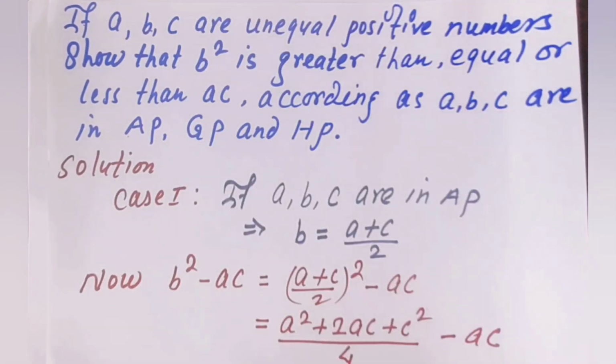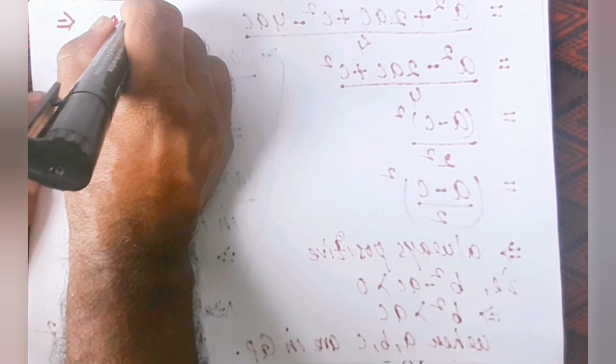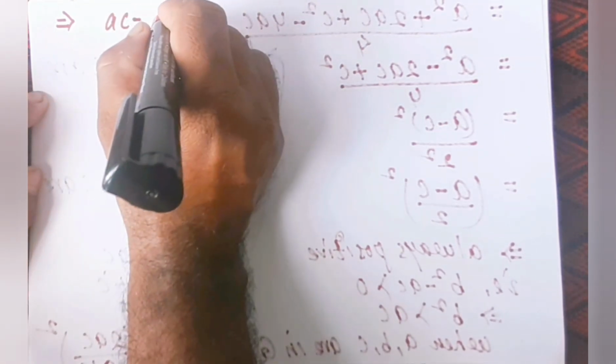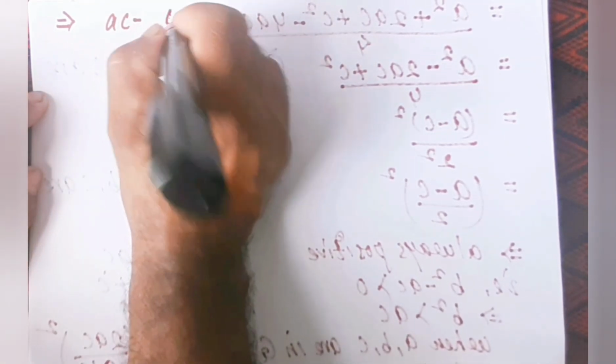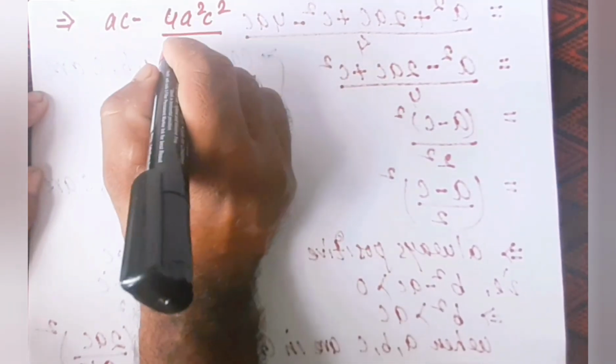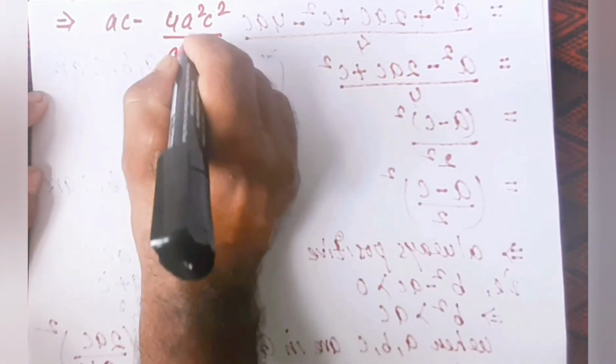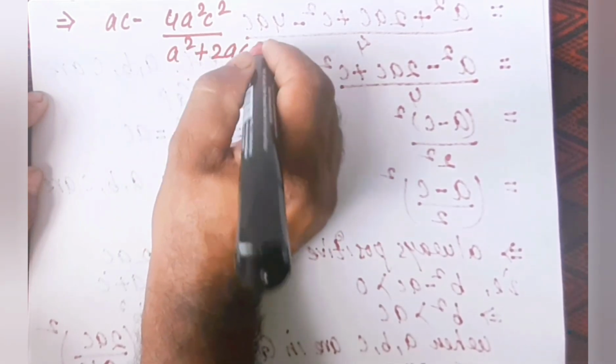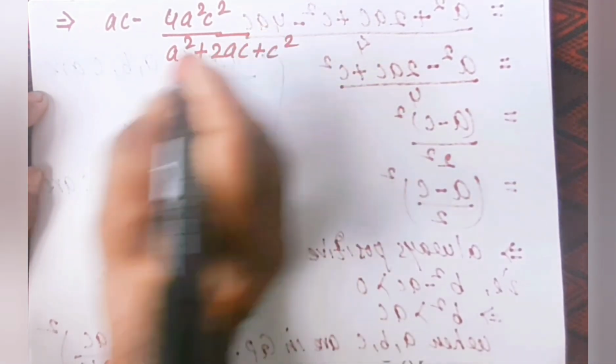So see this one, we get AC minus 4A square C square upon (A square plus twice AC plus C square).